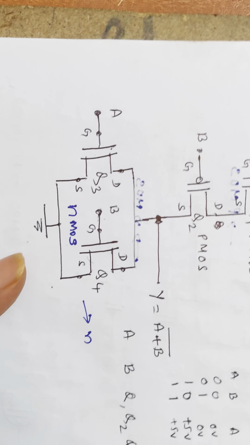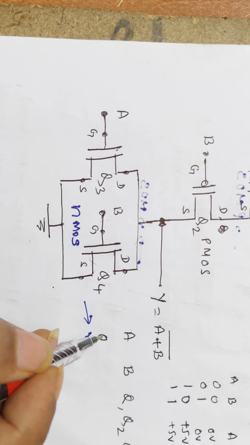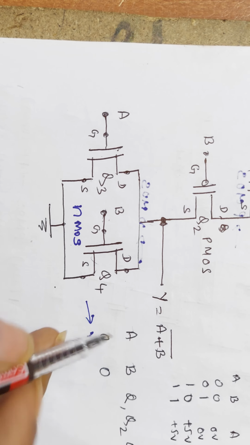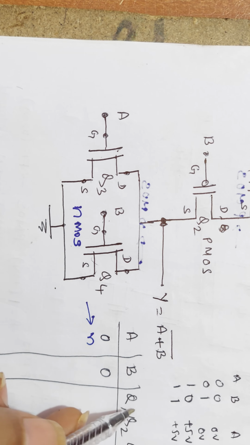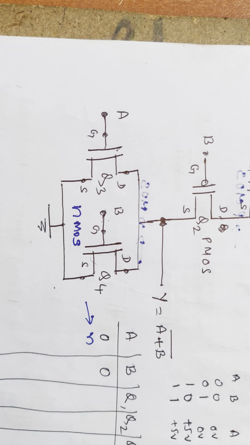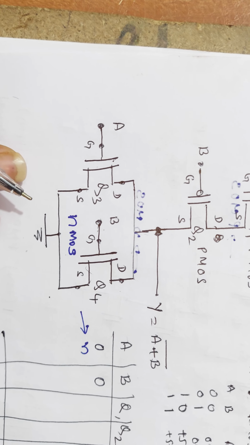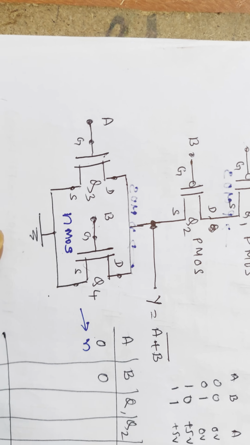During the first case, that is when A equals 0 and B equals 0, consider all the transistors. Input A is 0, input B is 0.